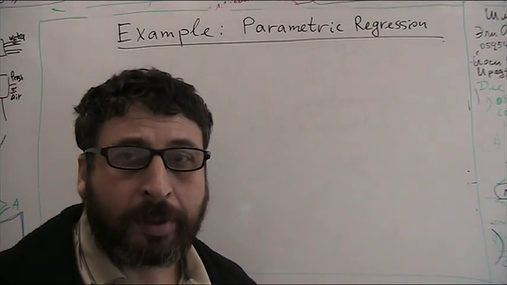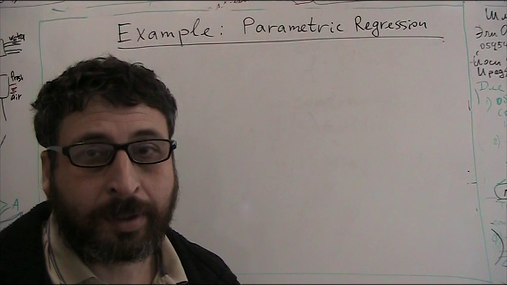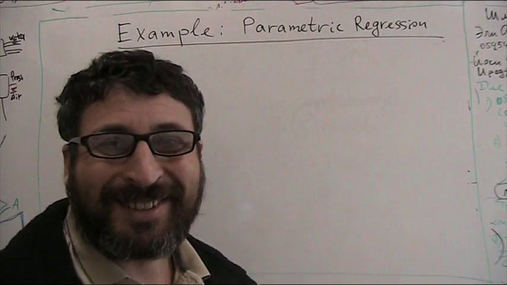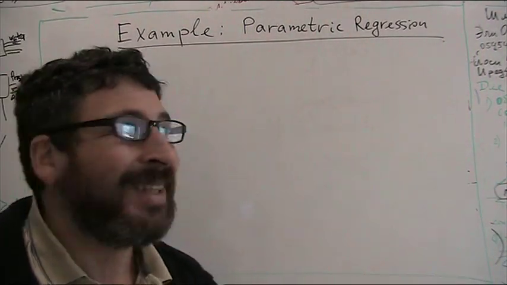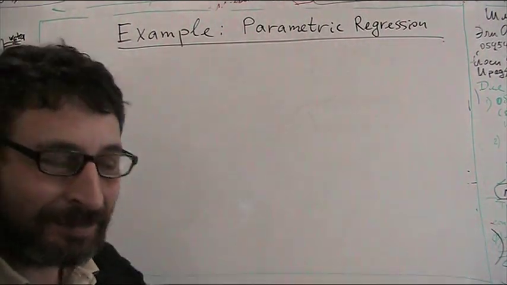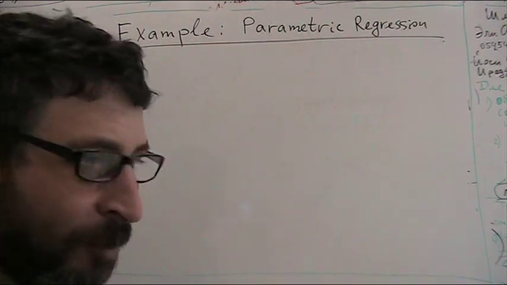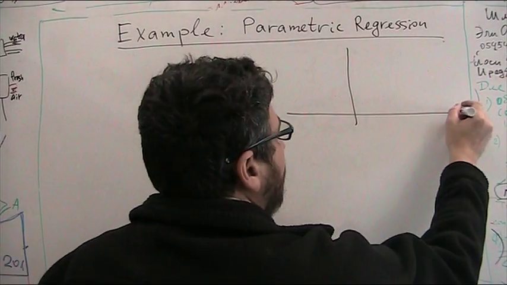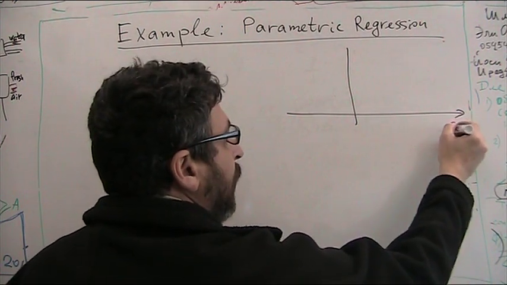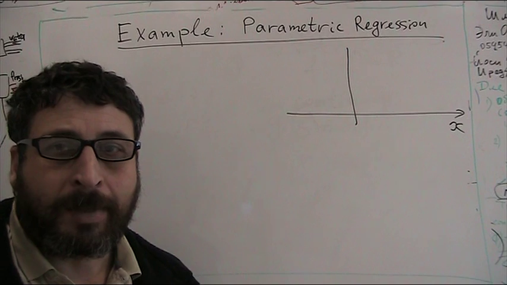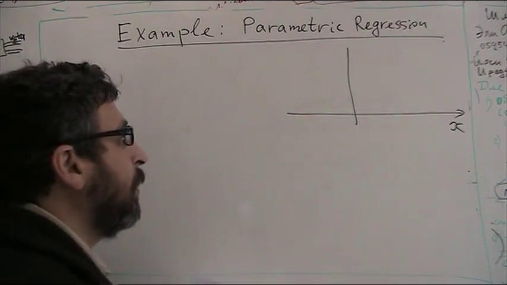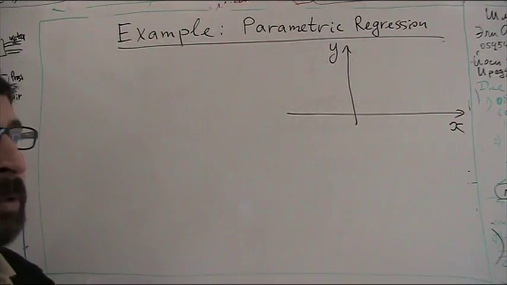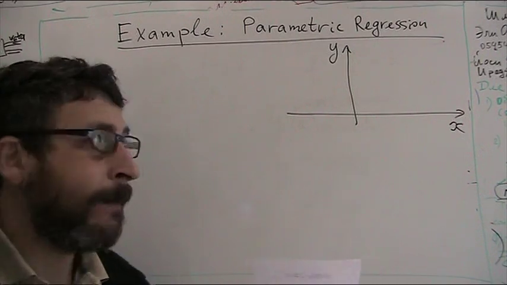Now we will consider several examples of unconstrained and constrained optimization problems. Let's start with unconstrained. The first example will be parametric regression. What kind of problem are we trying to solve? Suppose I have some experimental data where x is the value of the argument and y is my measurement.